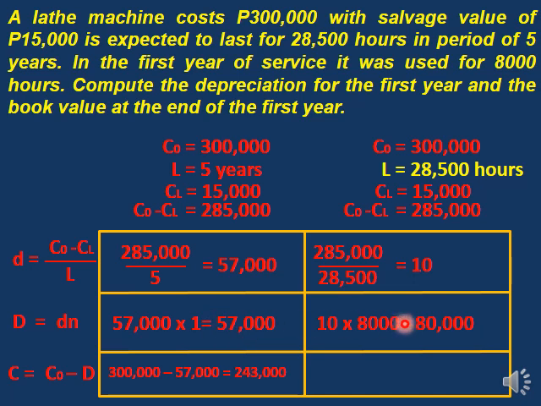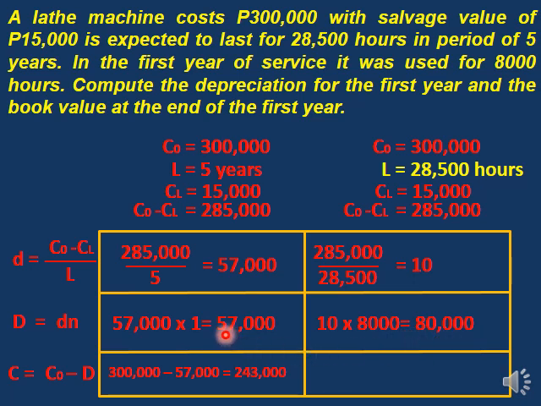In the method of depreciation, we will only select the normal one. Since the machine has actually performed work for 8,000 hours, it has actually depreciated 80,000.